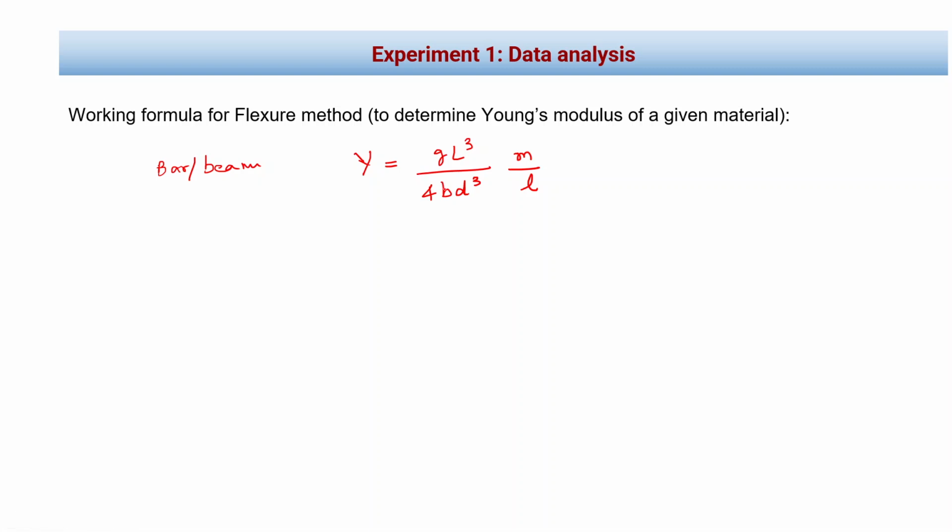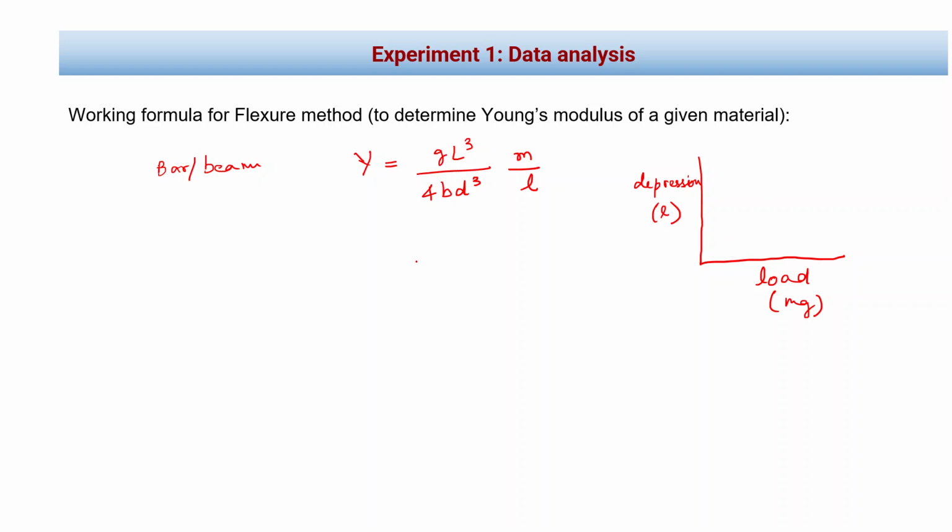So another way to find this out is if we plot it like this. This is load, or you can say mass. Whatever the mass is, accordingly there will be mg, the load, and there will be depression, which is represented by small l here.